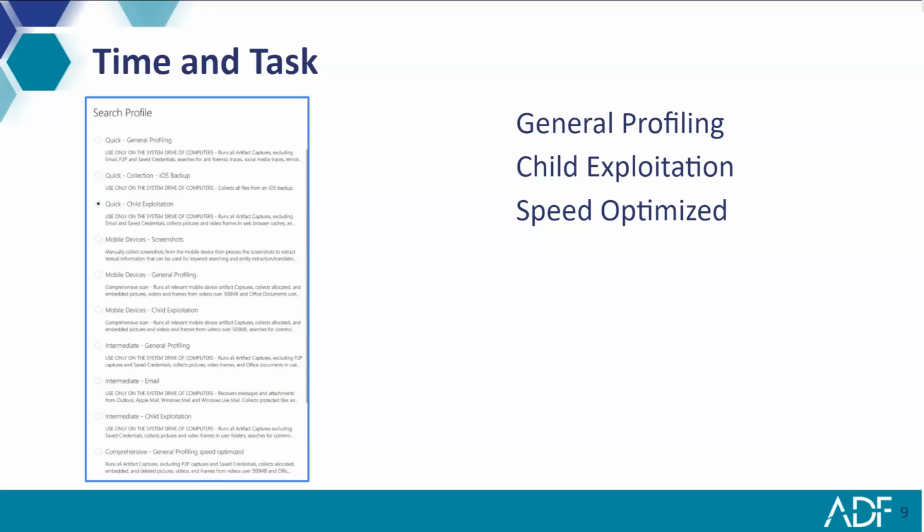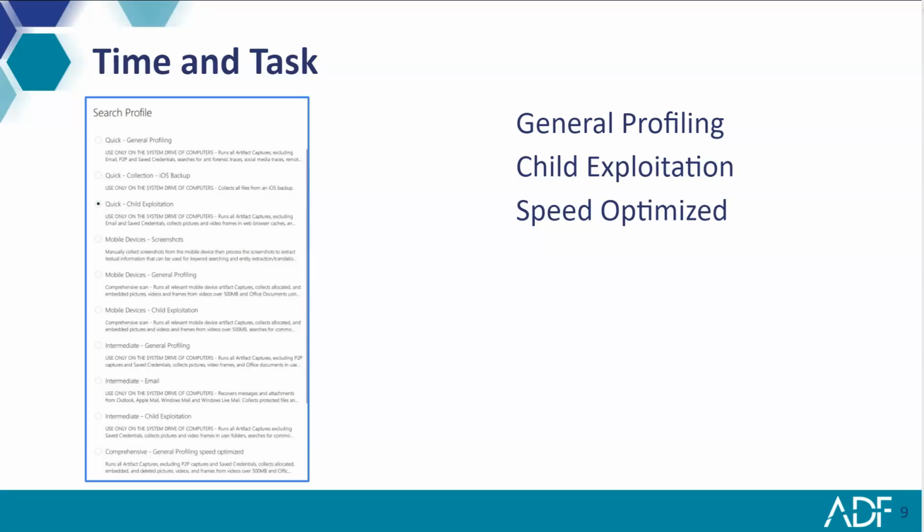Search profiles have designations such as General, Child Exploitation, and Speed Optimized. General profiling has no case-specific keywords or hashes and provides a general overview of computer usage. Child Exploitation search profiles have added specific keywords to identify child exploitation material, as well as approximately 400,000 hashes matching child exploitation material.